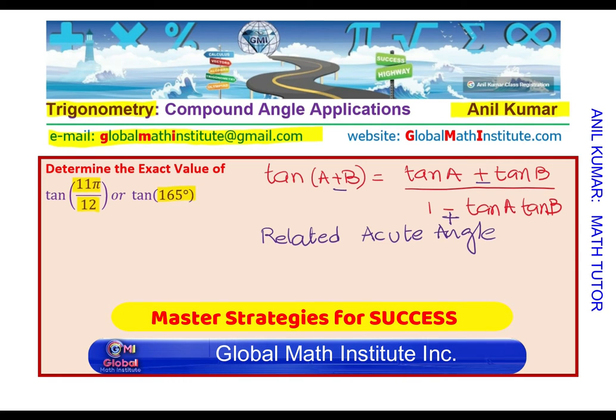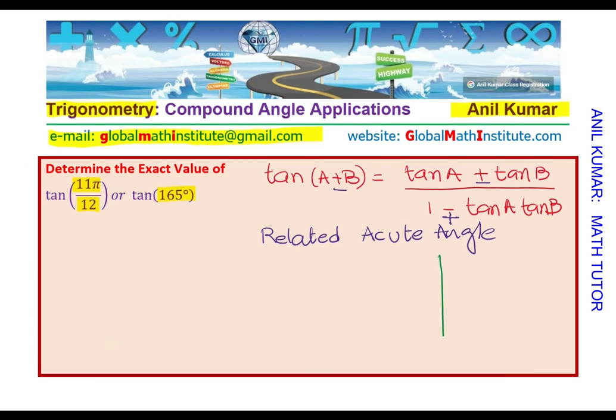Now, let's visualize what tan 11 pi by 12 is and where it lies. 11 pi by 12 means this is 12 pi by 12, correct? This is 0. Working in radians is actually not that difficult. For some students it is a new concept, so it may be slightly challenging at present, but it's very simple.